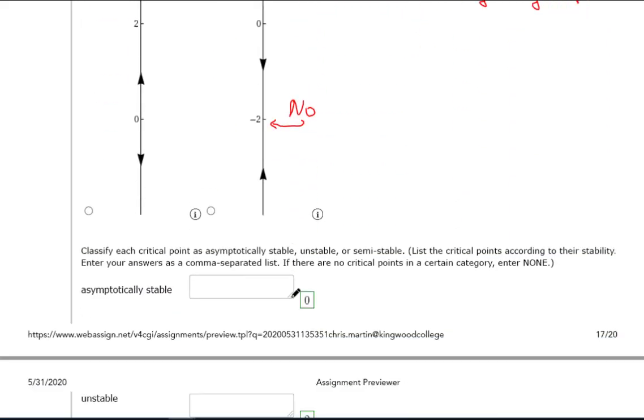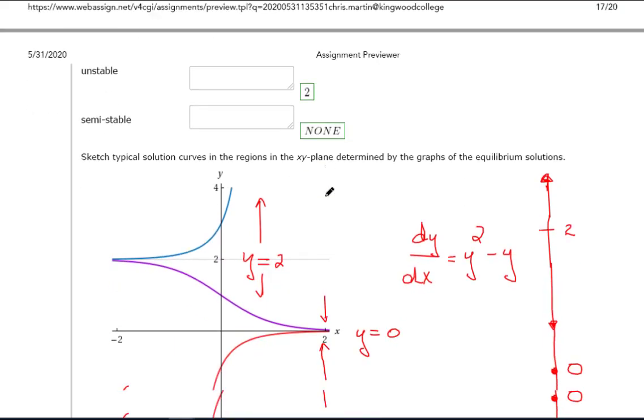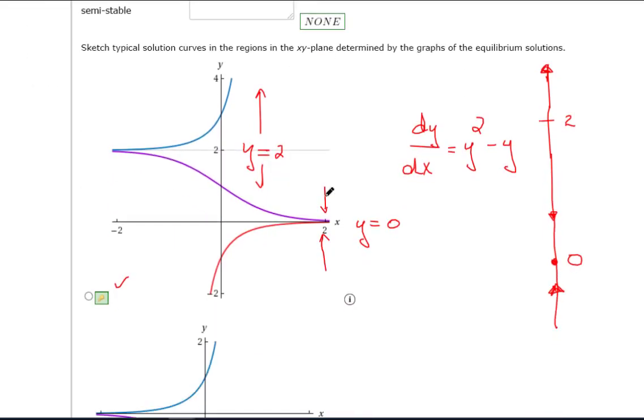And the question is, are these stable or unstable? 2 is not a stable critical point because anywhere around it moves away from it. Asymptotically stable means it's drawn in. The limit over time is going to 0. So what about the solution curves?